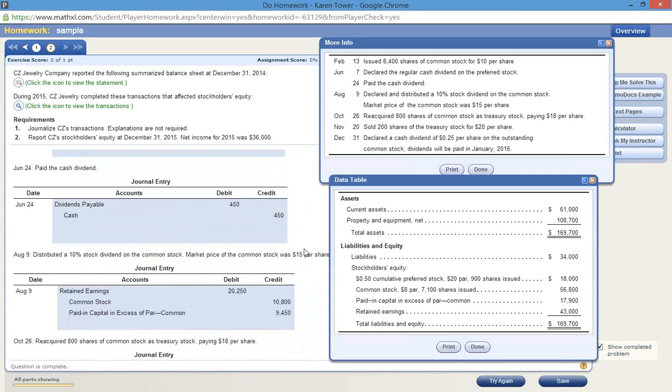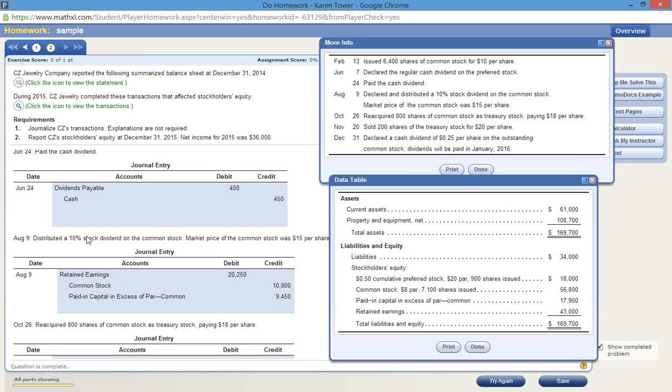So we had to take the 13,500 times 10% times $15 per share to get the 20,250.